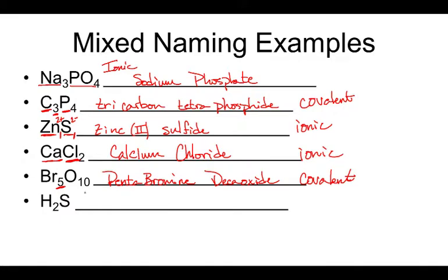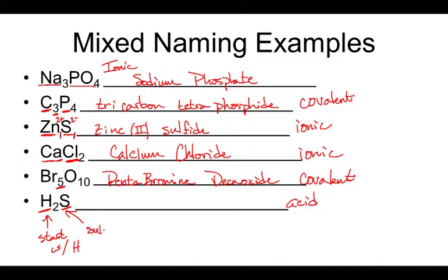Cool. And this guy here, H2S, well, this is ionic, right? Because we got a cation and an anion, but notice we're starting with an H. So therefore it has to be an acid. Okay? So with acids, remember, when we're starting with the formula, we're going to name the anion first.